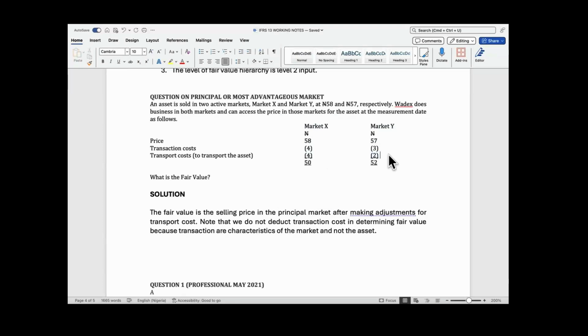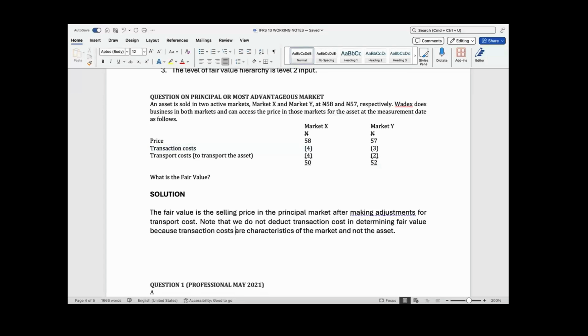Okay, then I went ahead and said that we do not deduct transaction costs in determining fair value, because transaction costs are characteristics of the market and not the assets.